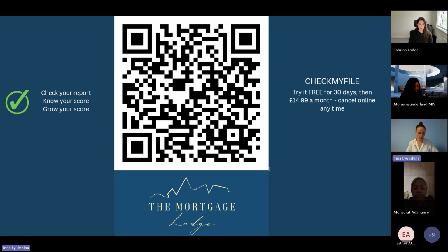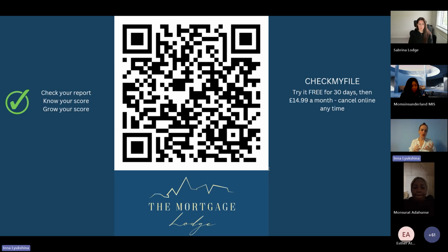The next point you asked me, which is a great point, soft searches and hard searches on credit file. Now, soft searches, you would have many of them registered in your actual credit files. Guys, when you run your credit reports, you will see soft searches and hard searches.